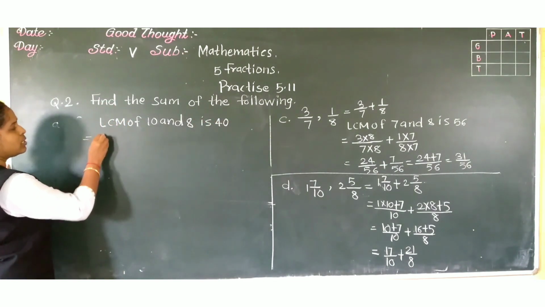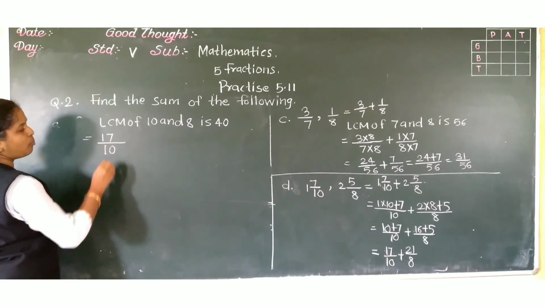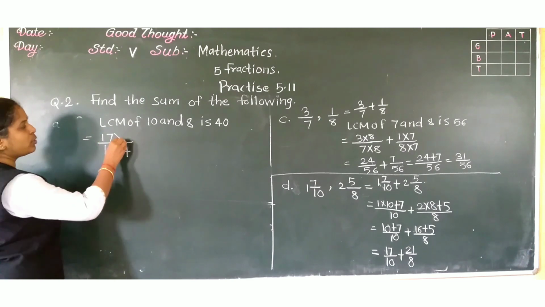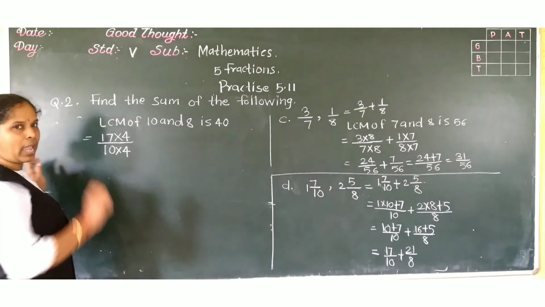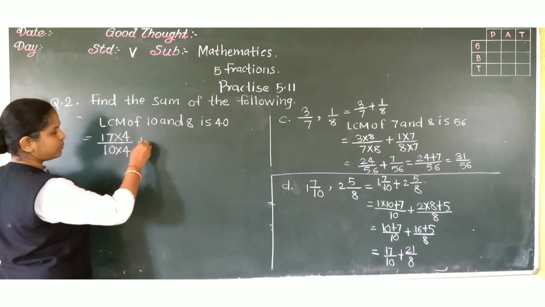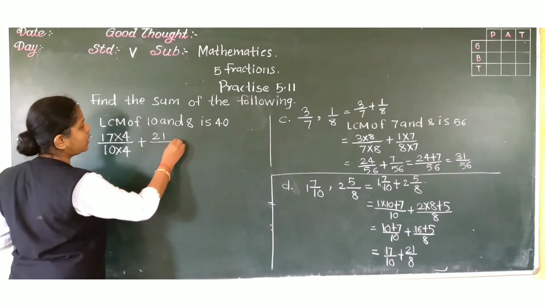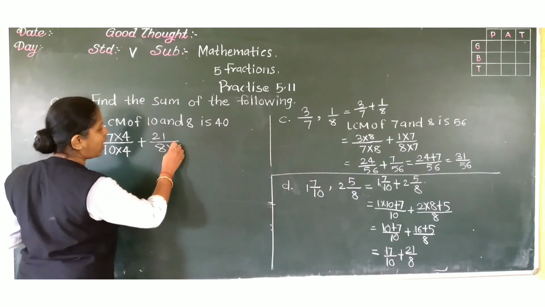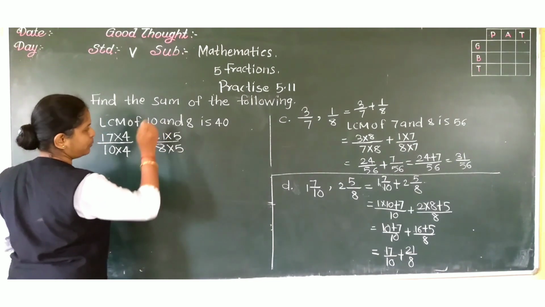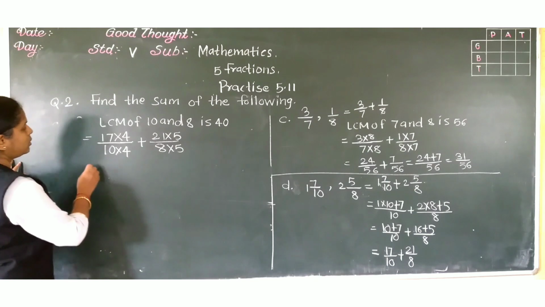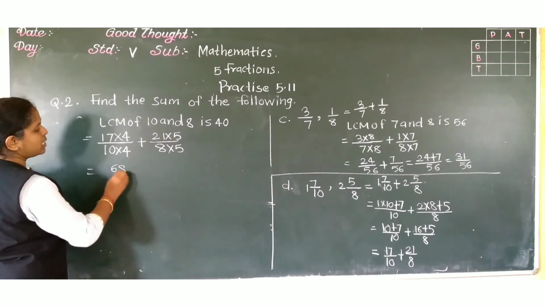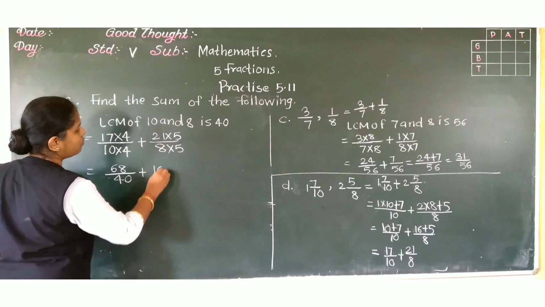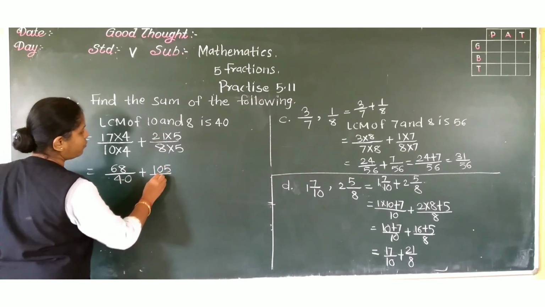Then 17 upon 10. To get 40 we have to multiply 10 by 4, so we have to multiply 17 also by 4, plus 21 upon 8. So for 8, to get 40 multiply by 5, and here also. Now 17 4s are 68 upon 10 4s are 40, plus 21 5s are 105 upon 40.